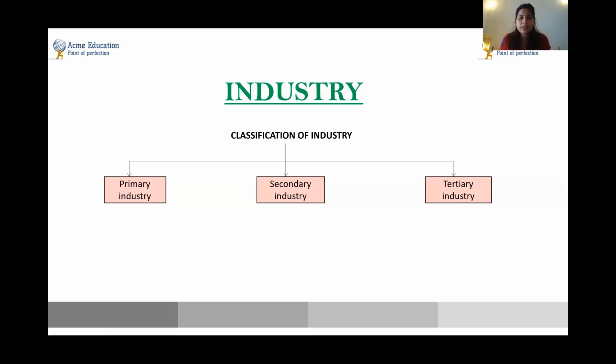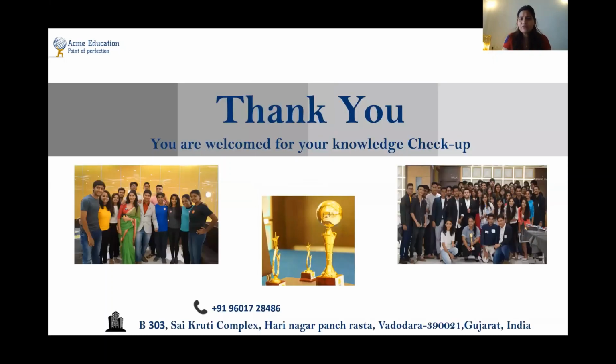This process happens in the secondary industry, and when that particular sugar is marketed or advertised, and it is transported from the manufacturer to the consumer, this process is basically the tertiary industry. So every product goes through three different industries, that is primary, secondary, and tertiary. You can have tons of different examples.